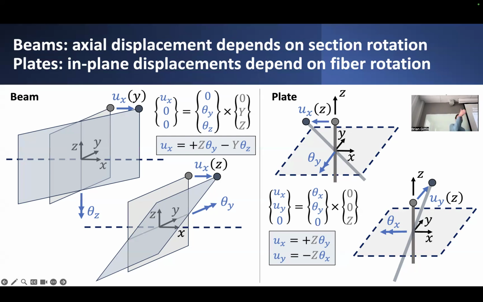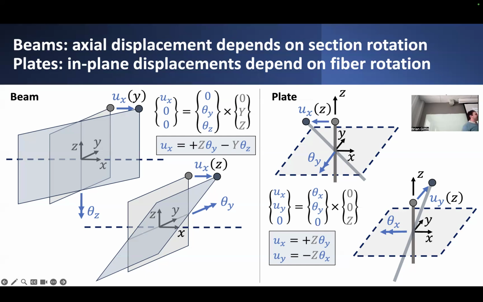But if I assume that there's no rotation about this z-axis that's aligned with this fiber, sometimes called drilling rotation, then I can do the same thing as I did for my beam kinematics. I can say that there's only two rotations I'm going to allow: rotation about the x in-plane dimension of the plate and rotation about the y in-plane dimension of the plate, assuming 0 rotation about z.